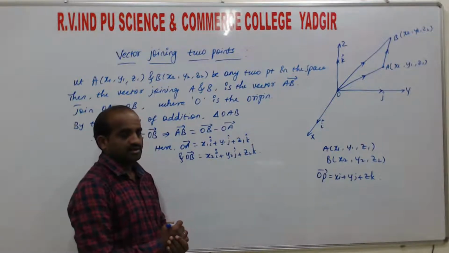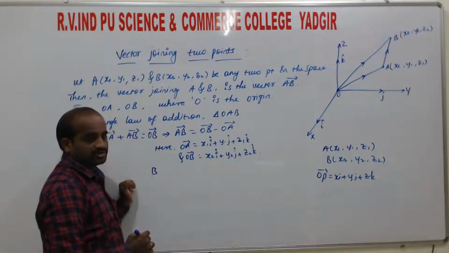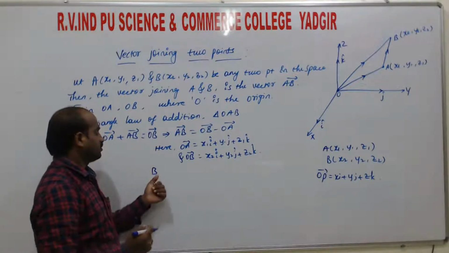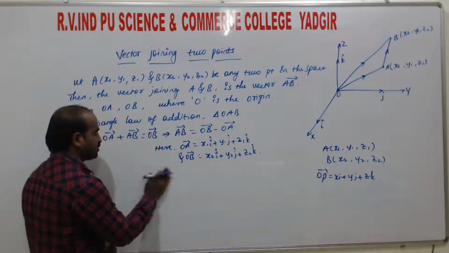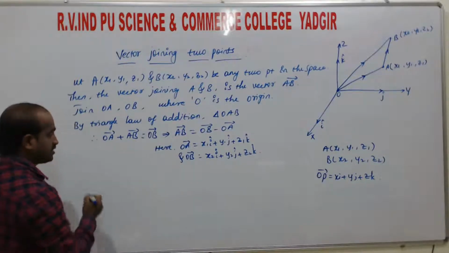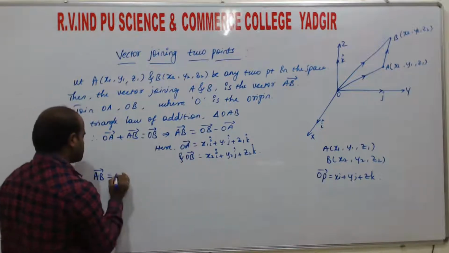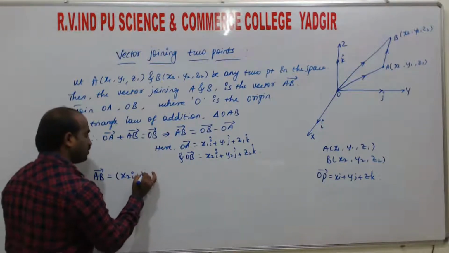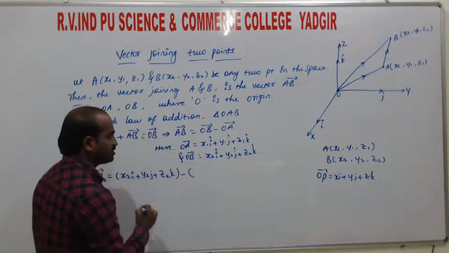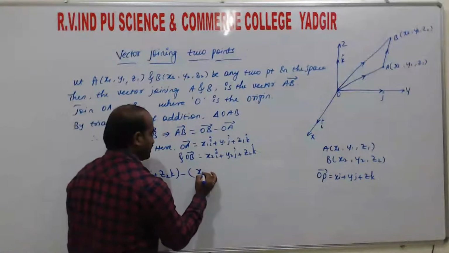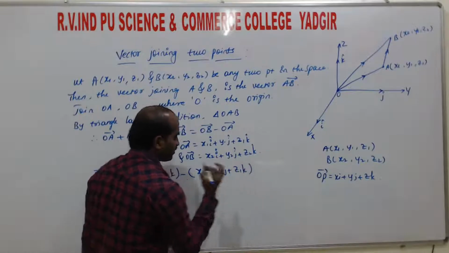OB vector, the position vector of the point B of x2, y2, z2 with origin, is x2i plus y2j plus z2k. Substituting in this equation, AB vector is equal to OB, which is x2i plus y2j plus z2k, minus OA vector, x1i plus y1j plus z1k.